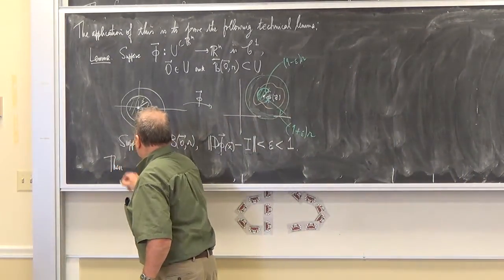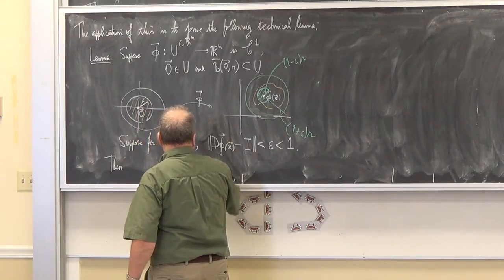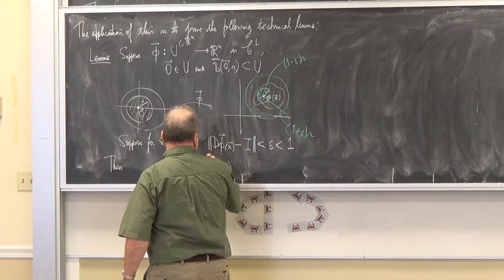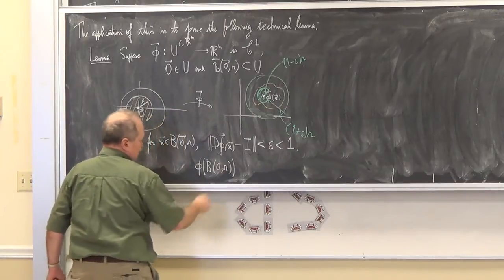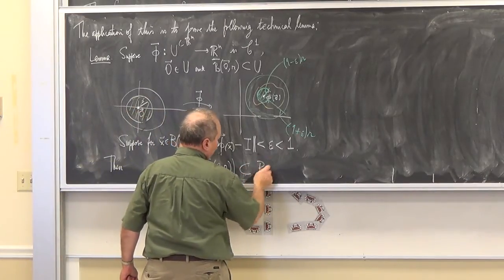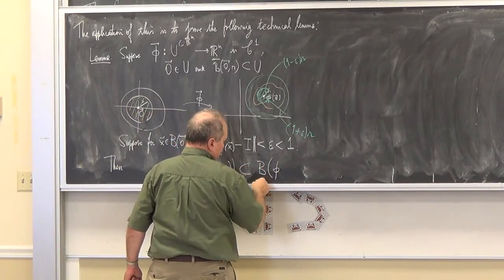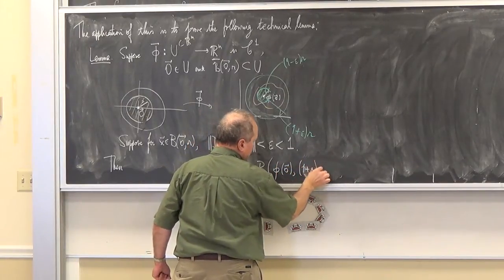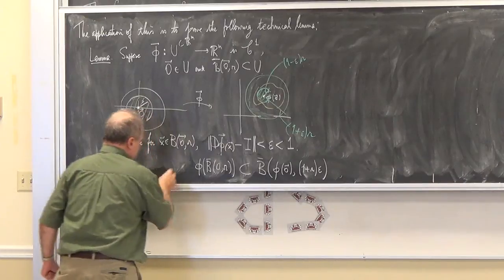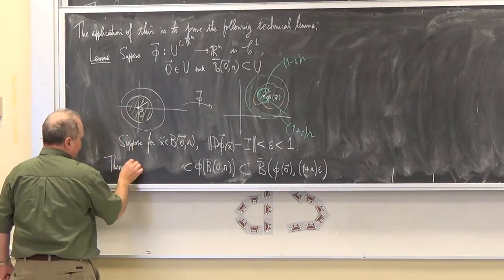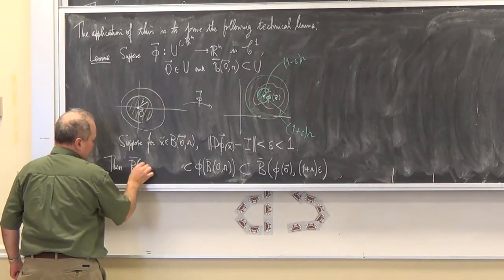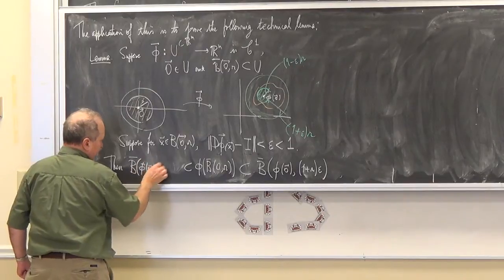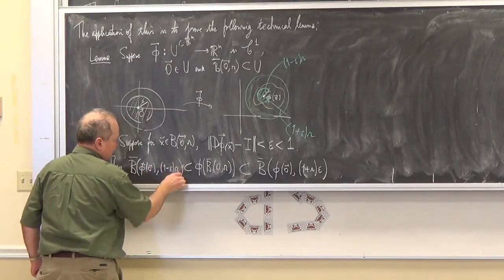Then phi of the ball of radius r is contained in a ball of radius 1 plus epsilon times r, and it contains a ball centered at phi of 0, radius 1 minus epsilon times r.